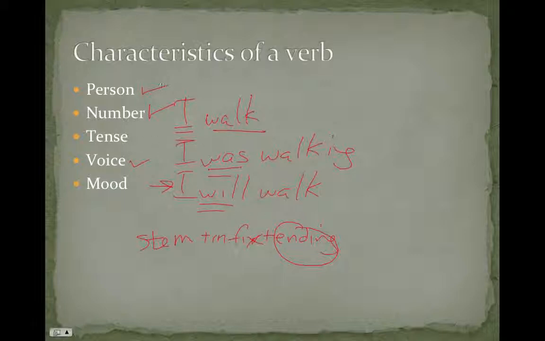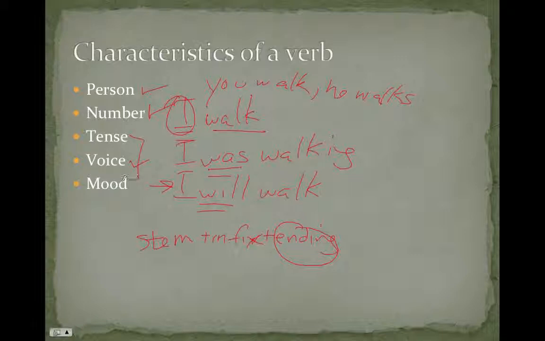So the ending is going to tell you who is doing the action, or who the action is being done to if it's a passive voice verb. So I walk will have a different ending from you walk. And you walk will have a different ending from he walks. We'll take a look at these endings in another lesson very soon.